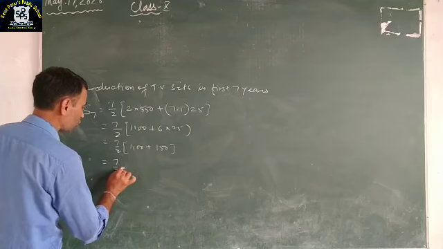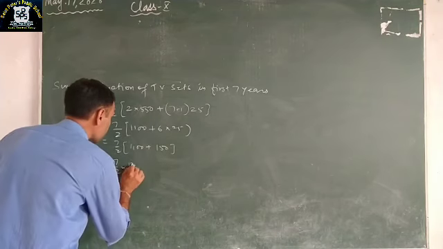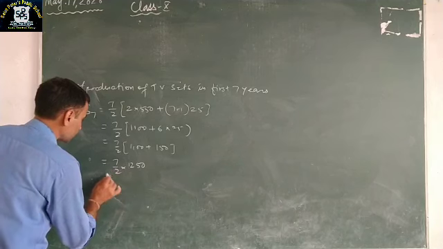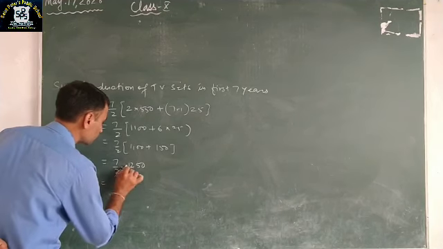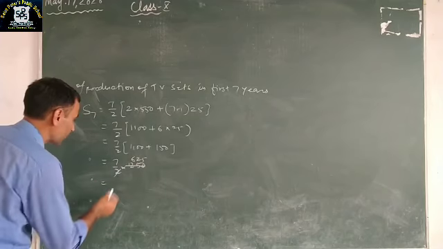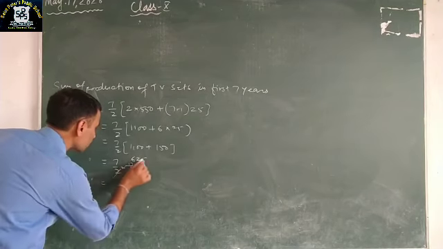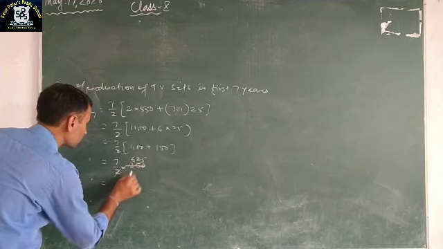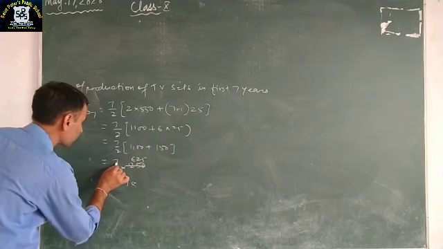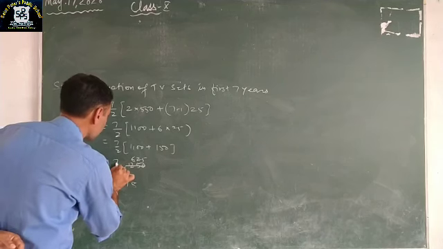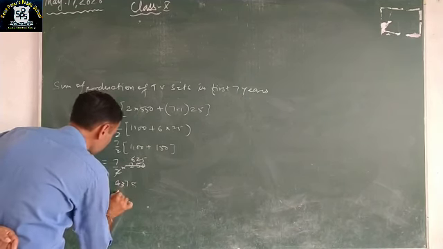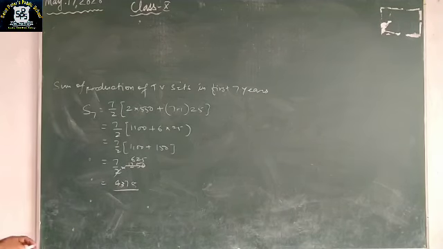So 7 upon 2 into, by adding this, it comes 1250, 625, and multiplying 7 with 625, 4,375.